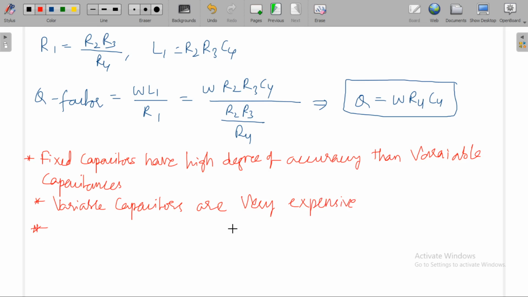Okay. Now here, see, if you want to measure high Q coils, R4 should be more.